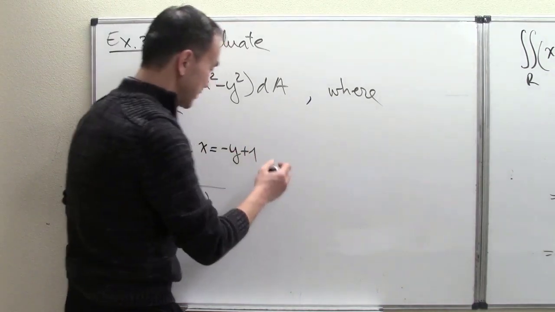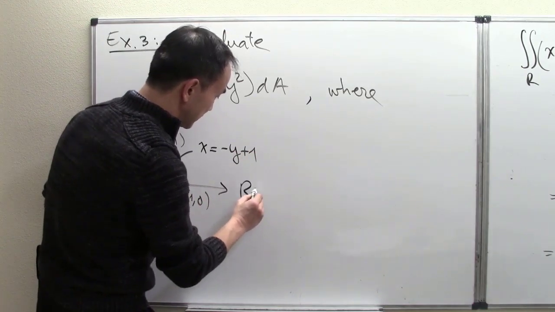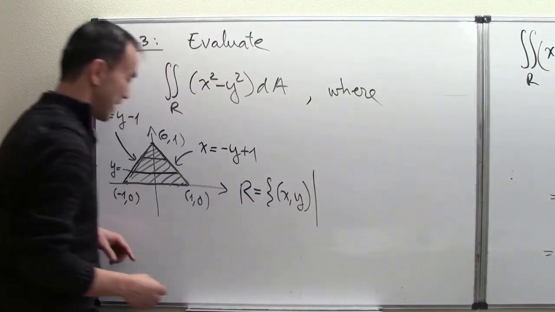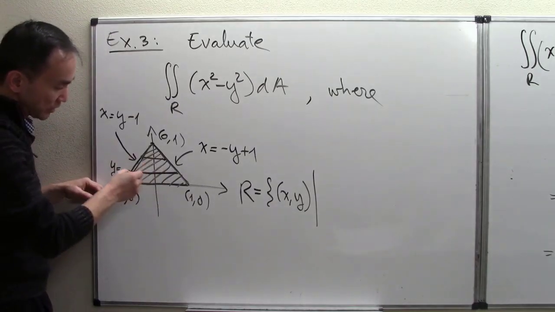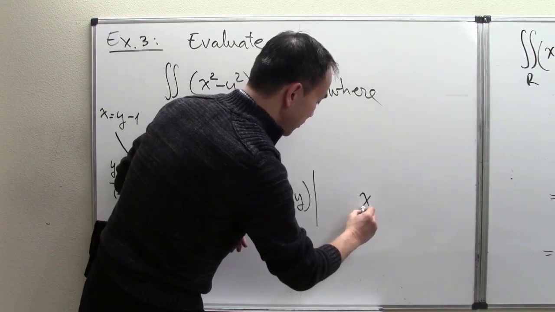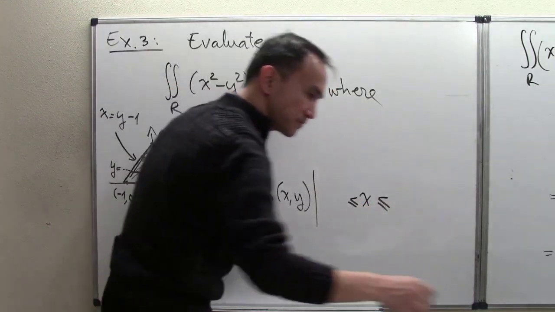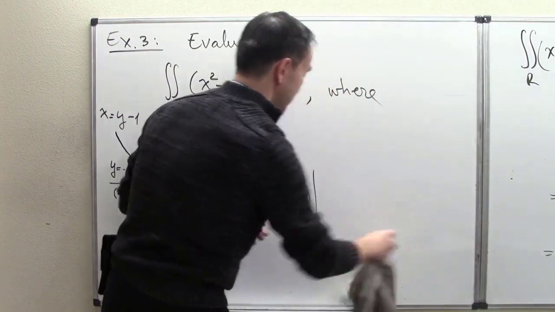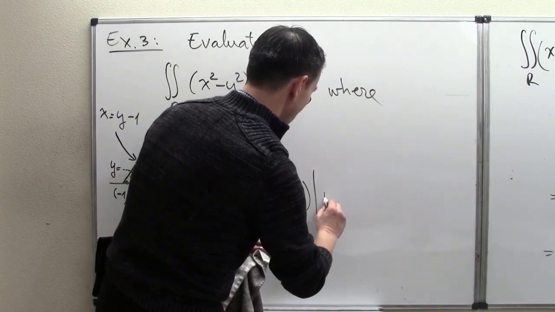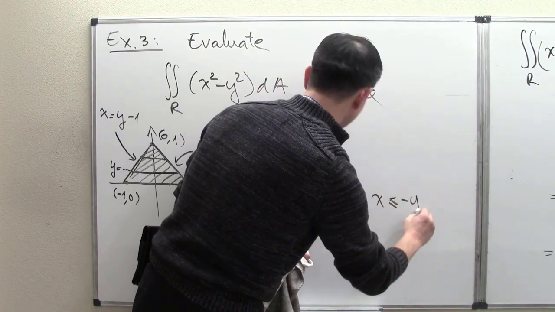And this is how I see the description of the region R. The region R is the set of all x comma y such that anywhere you place your horizontal stripes, the x value changes anywhere from y minus 1 to minus y plus 1.